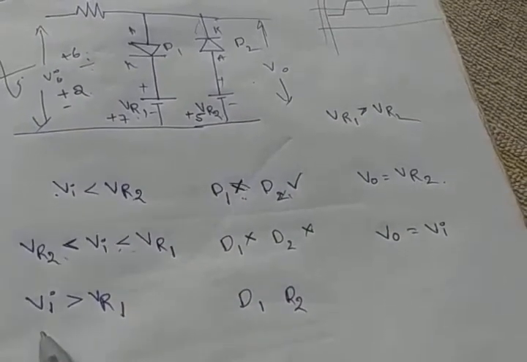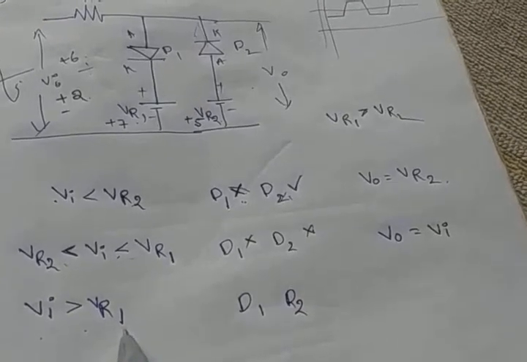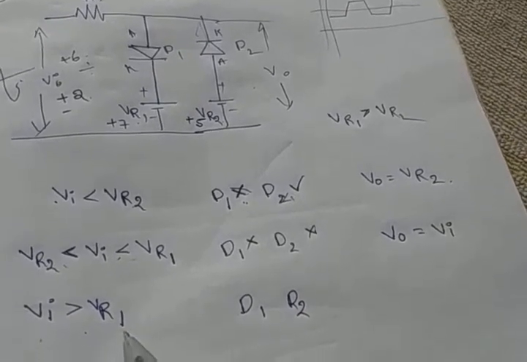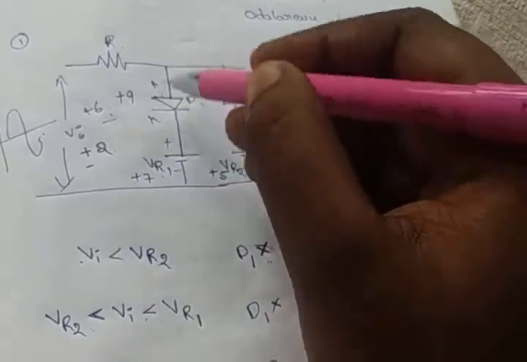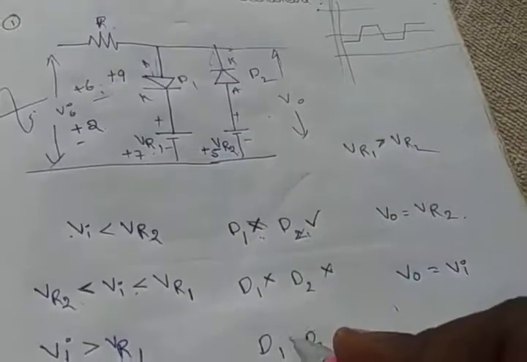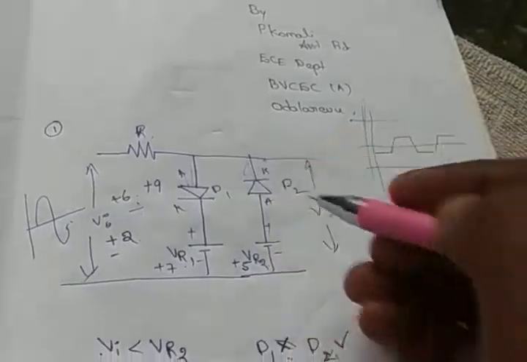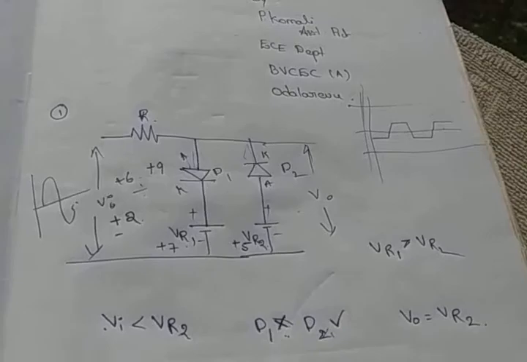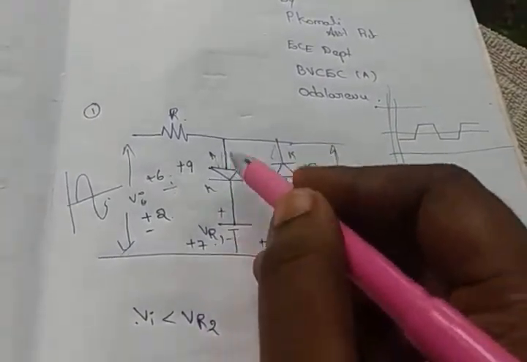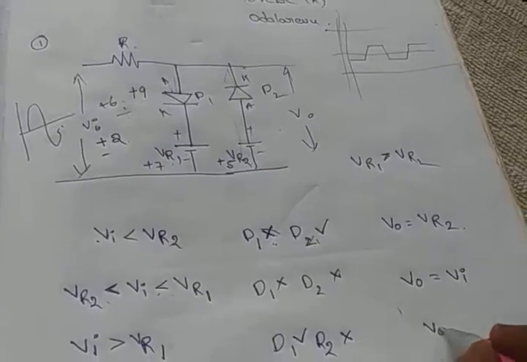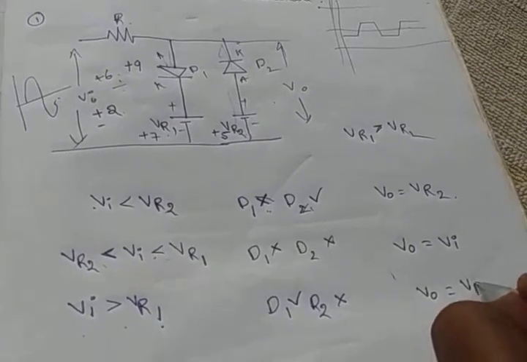Next, Vi greater than VR1, for example plus 9. Diode D1 should be on and D2 should be off. So D1 is a shunt line and V0 will be equal to VR1.